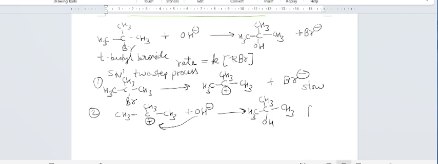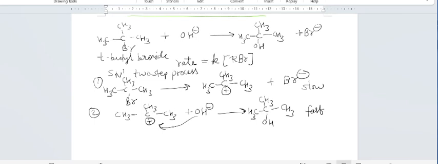This is the fast step. So obviously the rate of the reaction is dependent on the slow step, and slow step involves only the concentration of the substrate, which is alkyl halide and not OH minus. So the rate is dependent on the concentration of alkyl halide only.